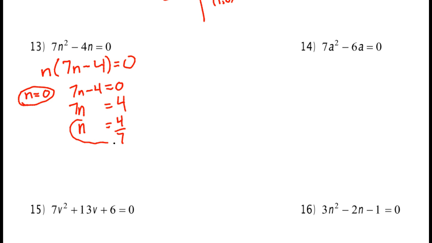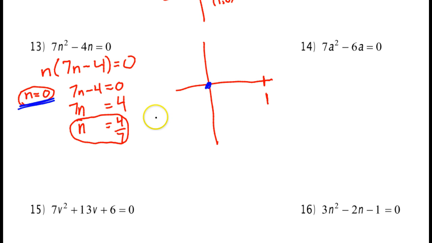So can we have fractions? Can we have decimals? Absolutely. So let's say this is 1 right here. Just 1. So I have 1 x-intercept right here and 4/7. So if I cut this up into 7 parts, 1, 2, 3, 4, 5, 6, 7. 1, 2, 3, 4.